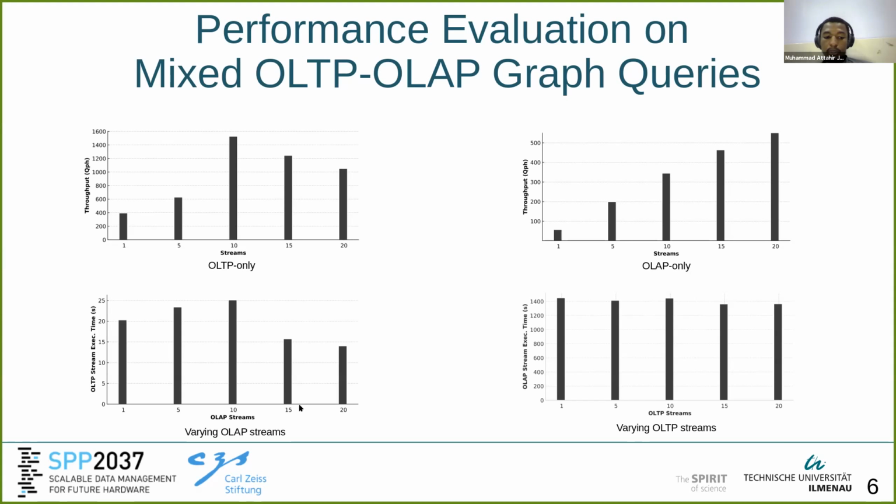But for a varying number of OLAP streams, we see there is to some extent some influence on the single OLTP stream that's being executed. So this is just the groundwork of our consideration of having a hybrid graph benchmark.